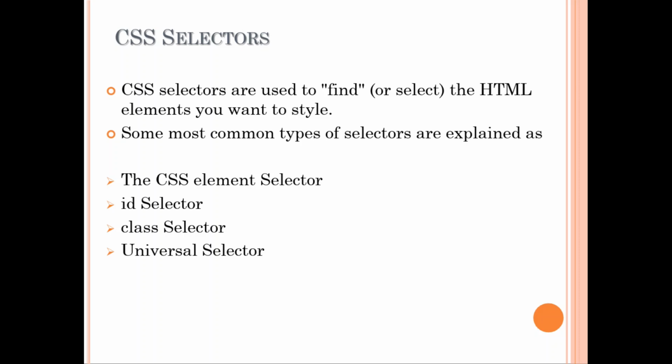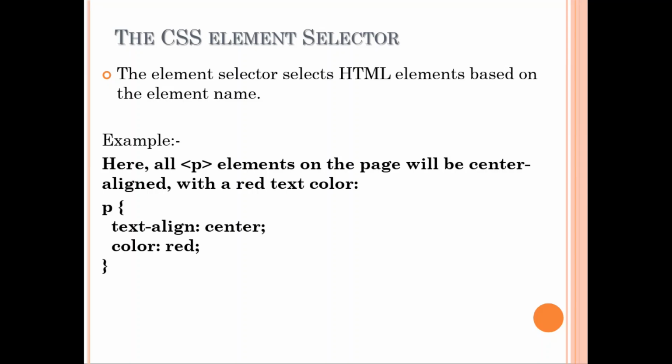And one other topic we will cover in this lecture is grouping selectors. We will discuss how we can group two or more selectors with each other which share common properties.